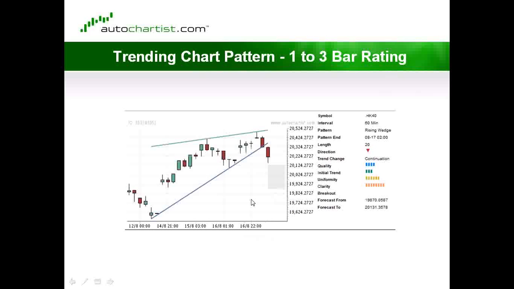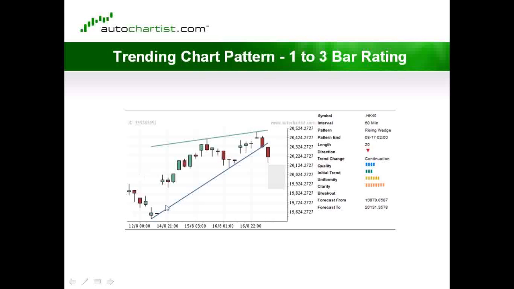And this is what this chart pattern looks like. You can see here that we have a rising wedge. As I said before, it's basically a channel pattern and a triangle pattern together. These lines are not quite parallel like a channel, but they don't actually cross. They come close and they narrow like a triangle, but they don't actually cross.